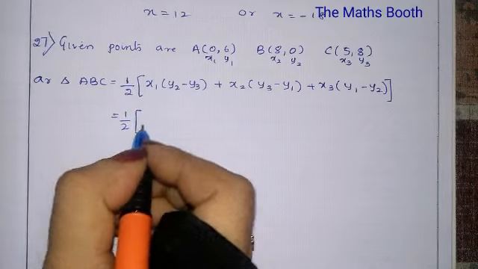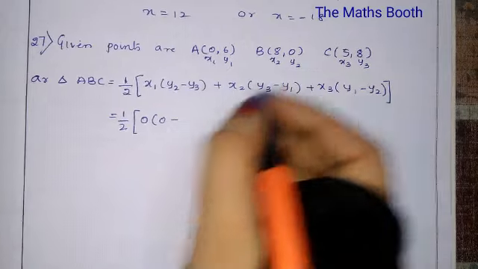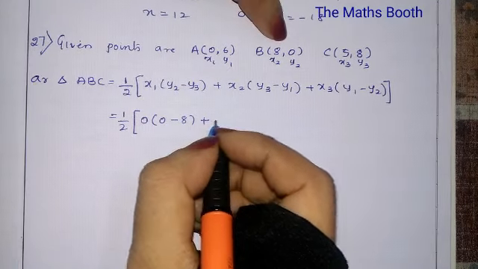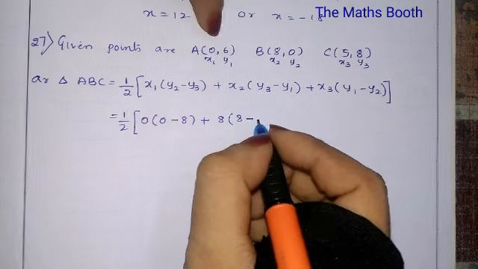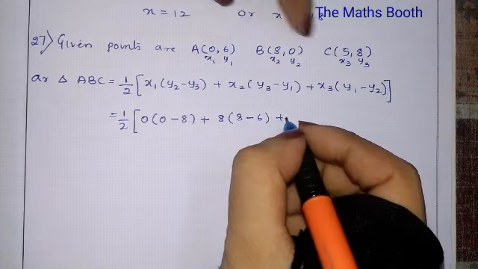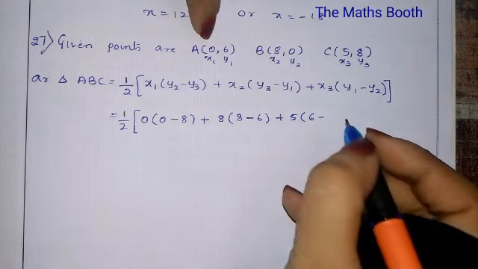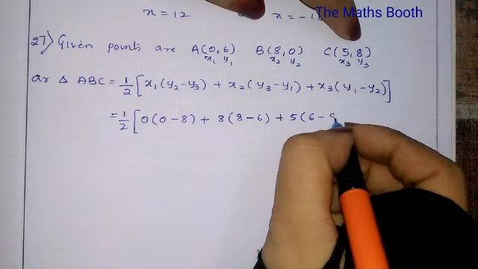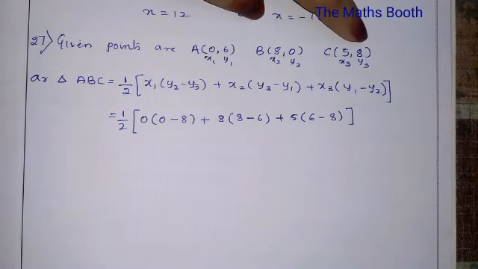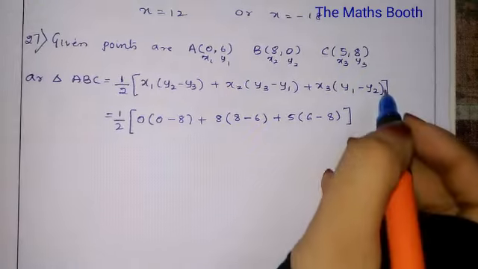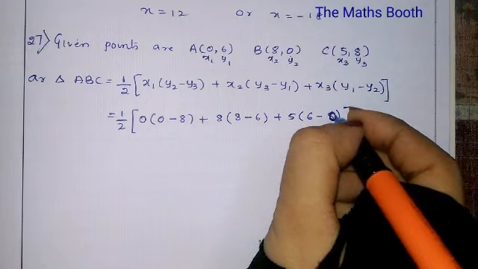Half, x1 value is 0 into y2 value 0 minus y3 which is 8, plus x2 which is 8 into y3 which is 8 minus y1 which is 6, plus x3 which is 5 into y1 which is 6 minus y2, which is 0.